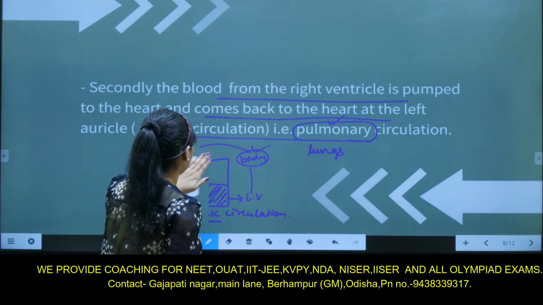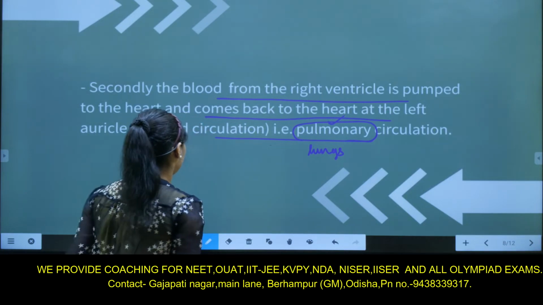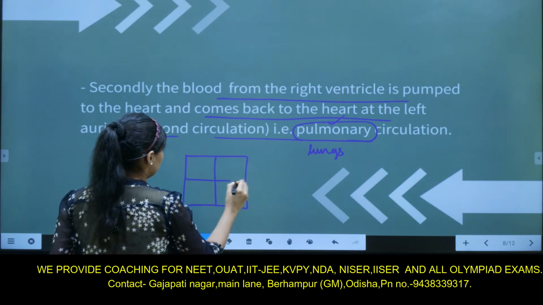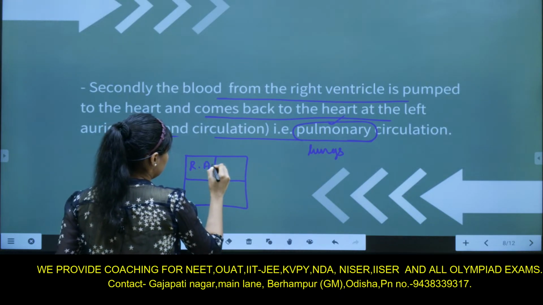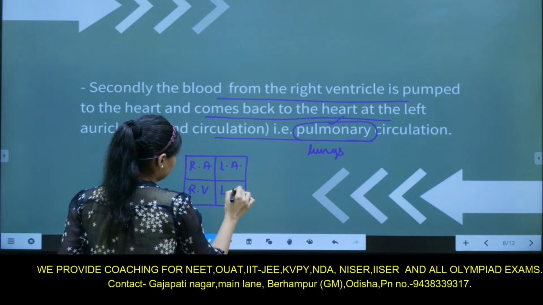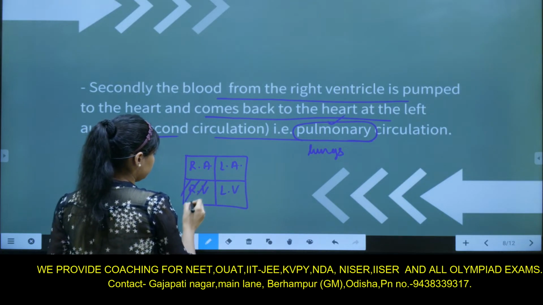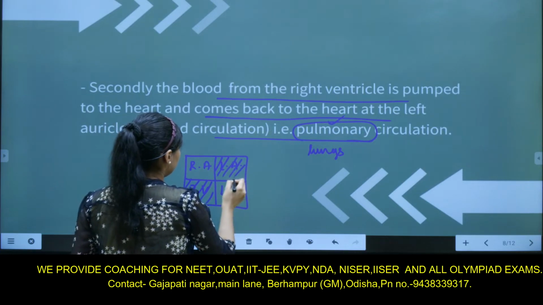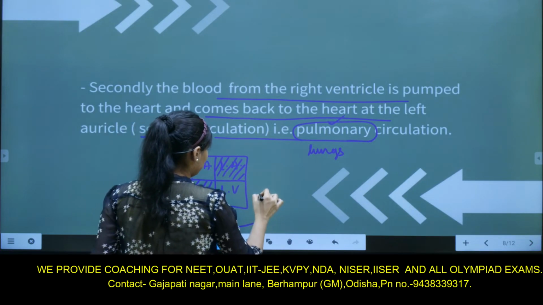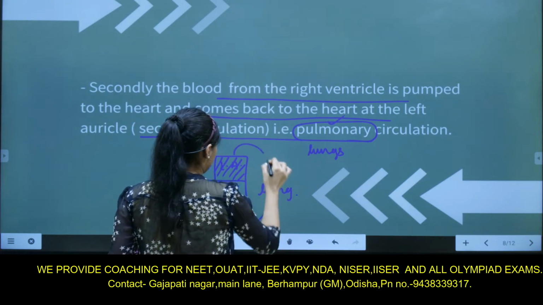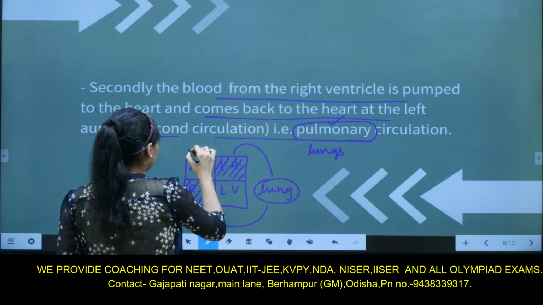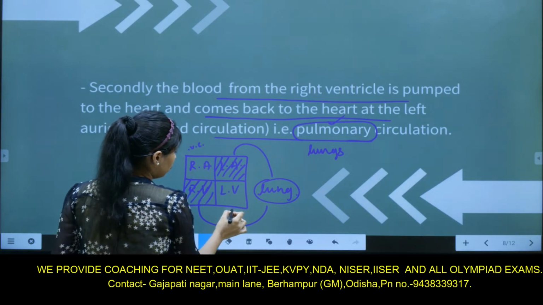And the pulmonary circulation, how does it occur? Here is the part that is involved in the pulmonary circulation. Here I told you that the vena cava is involved and here the aorta is involved.